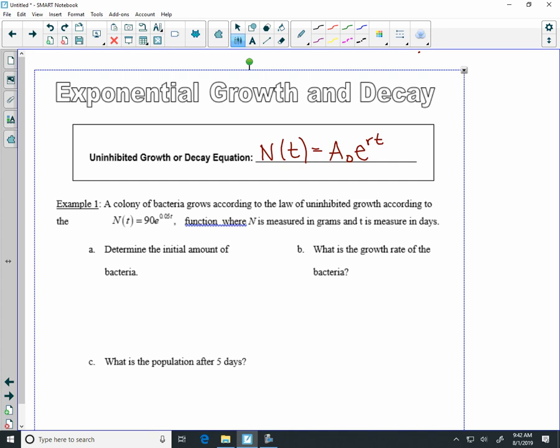A sub 0 is your initial amount. The r here is your rate, and it's in decimal form. t is time, and usually the problem will tell you the time that you're using. And N of t is the number based on the time there. So this is your amount at some time.